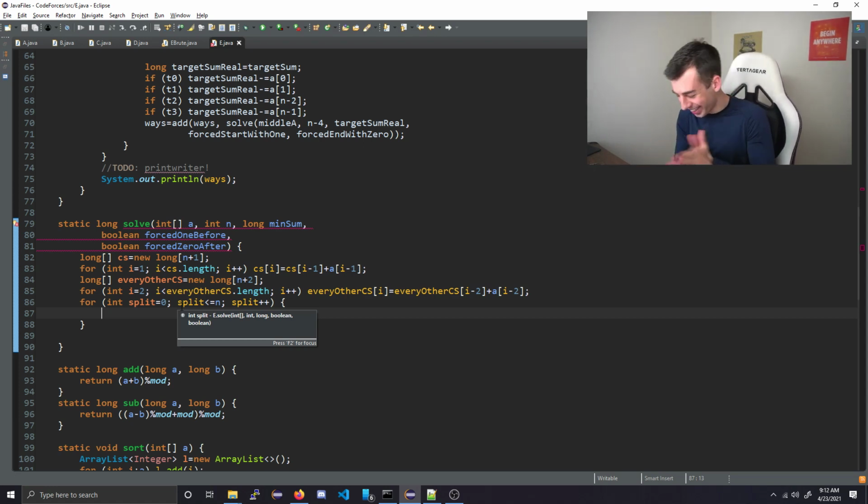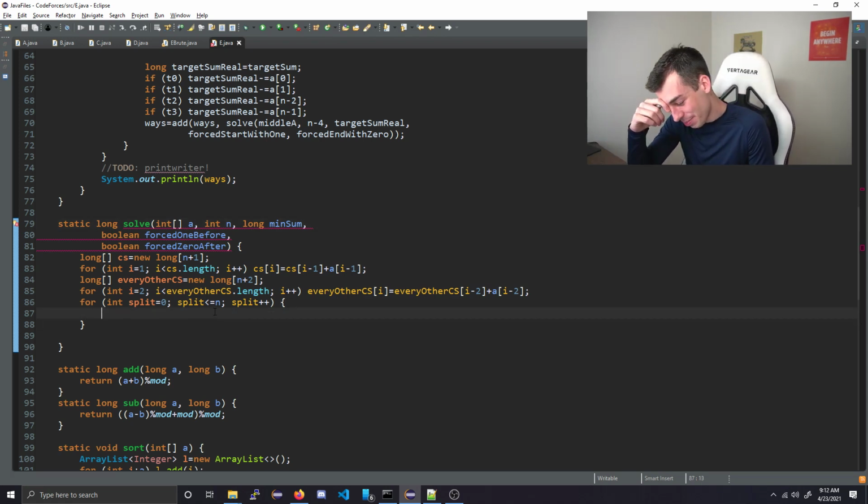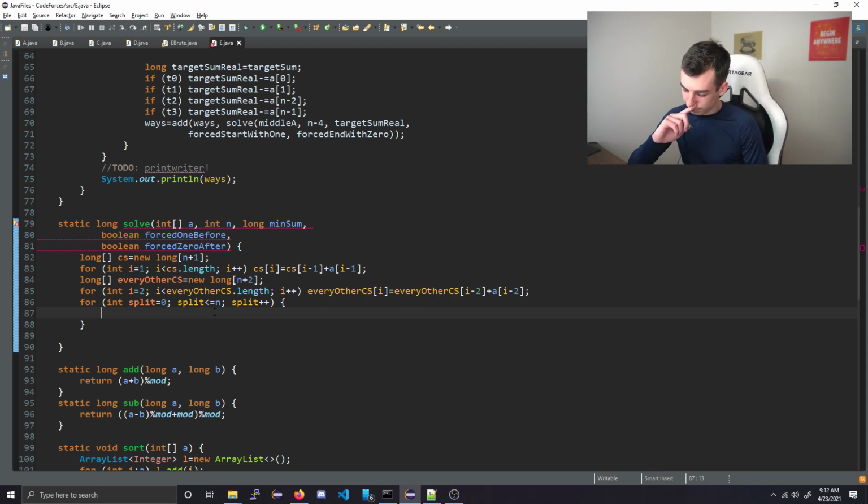Implementation. Okay. How do you do this? Okay, so you have this split. So we're going to consider every position in this array. Oh, this is just the same as like, there's one place where you start getting all of the even indices and one place where you start getting all of the odd indices.